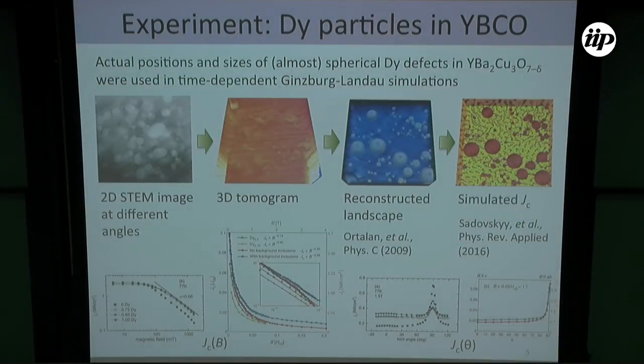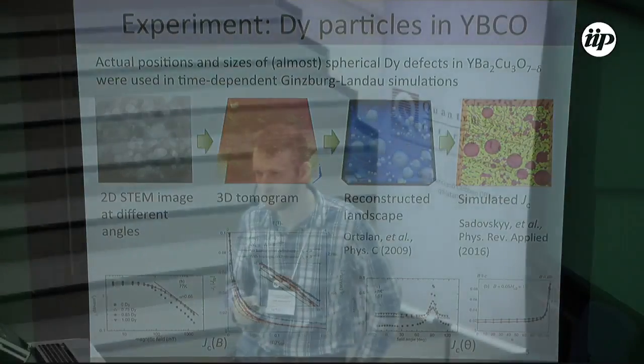In the first experiment, dysprosium particles were embedded into the superconductor by some chemical means, and these researchers took around 100 pictures at different angles, and then reconstructed the 3D volume of the superconductor.